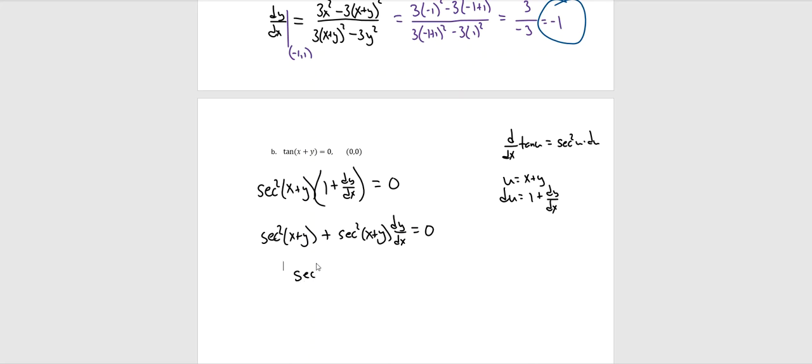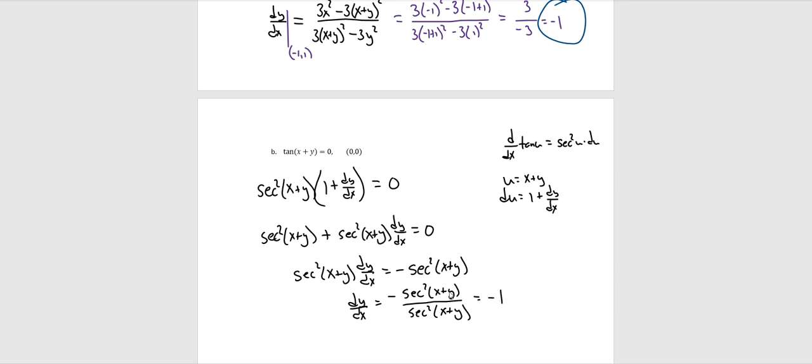This is secant squared of x plus y dy dx equals minus secant squared of x plus y. So dy dx is minus secant squared of x plus y all over secant squared of x plus y, and that's always -1.